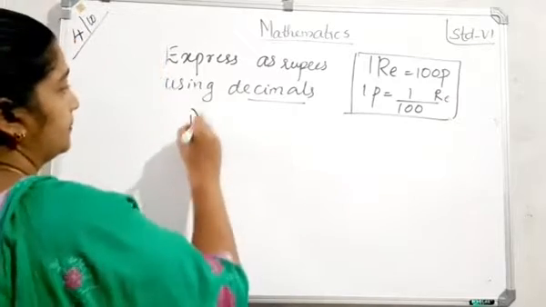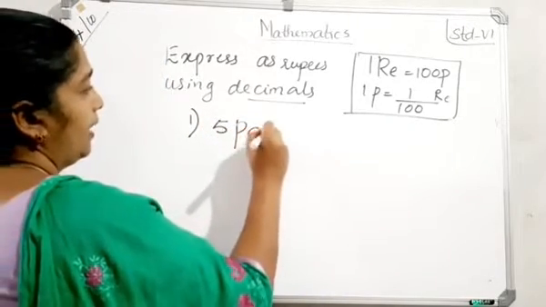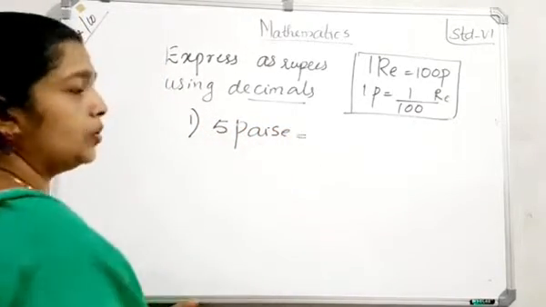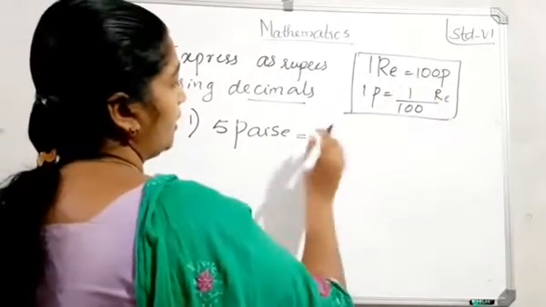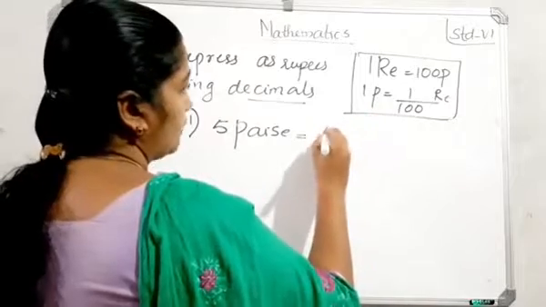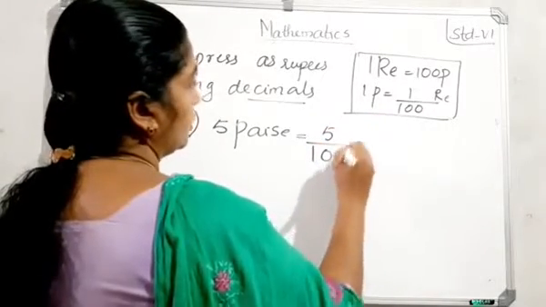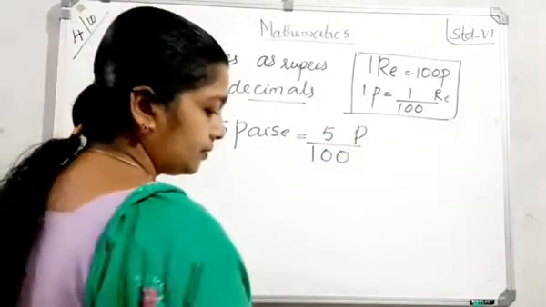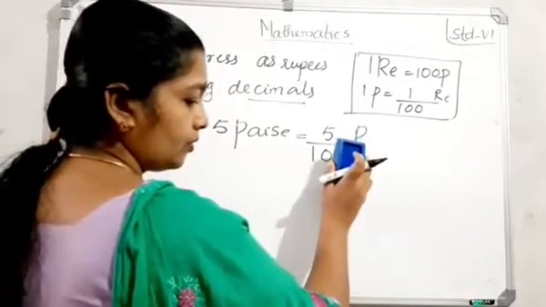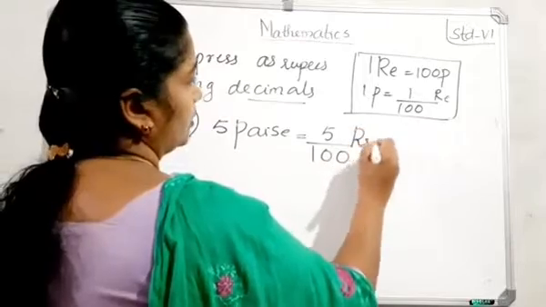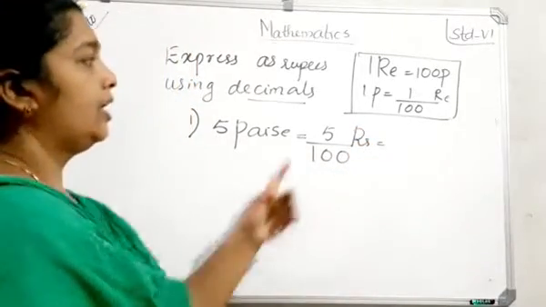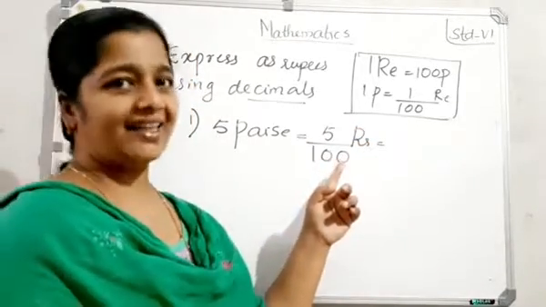Question number 1. 5 paise. 5 paise is converted into rupees. Say 1 rupee is 100 paise. So 5 paise equal, yes, 5 by 100 rupees. That equals, a number divided by 100.